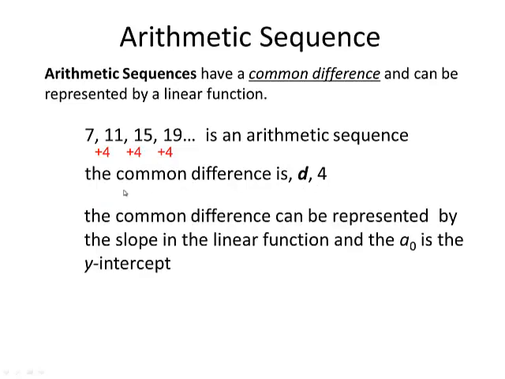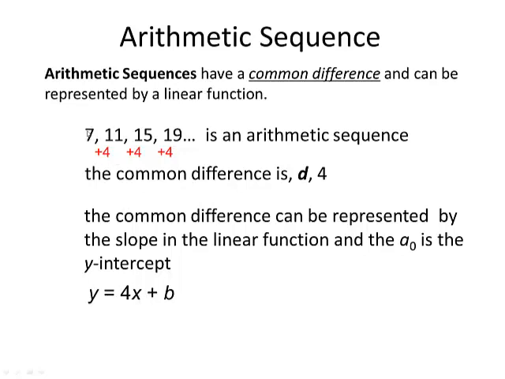The common difference can be represented by the slope in a linear function, and a sub 0 is the y-intercept. This will mean a little more later, but it just means that it's going by this same amount each time. So y is equal to 4x plus b is in slope intercept form, and you can represent these numbers using this.